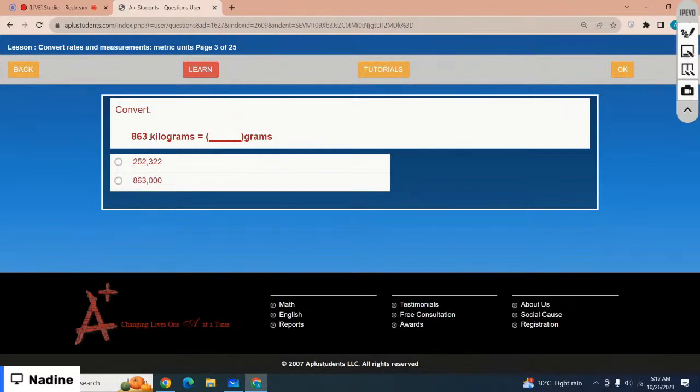So you are going to convert from kilograms to grams, so you need to multiply 863 by 1000. So the correct option is 863,000. 863 kilograms equal 863 thousand grams.